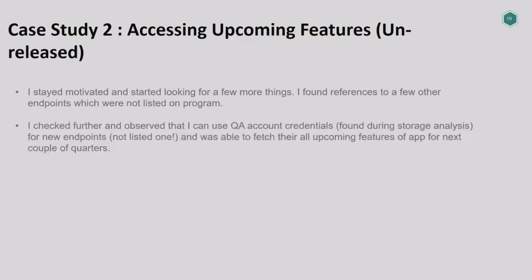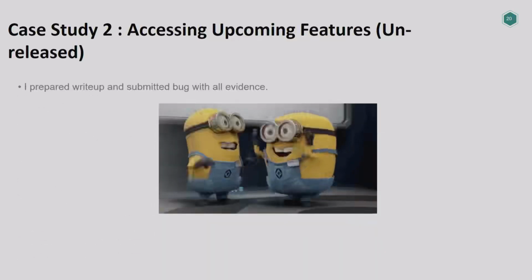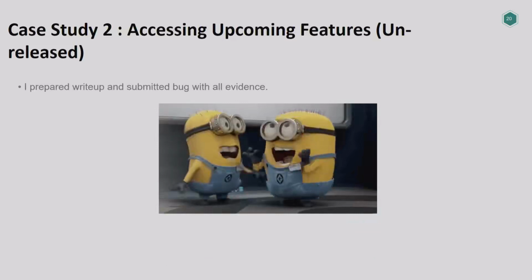Then I was able to use the QA account credentials to log in to those unlisted endpoints, and I was able to access all their upcoming features. Applications have a release cycle, like quarter 1, 2, 3, 4, and I was able to access all their upcoming features just by using those QA account credentials. And when I reported it, they were extremely happy to know that.